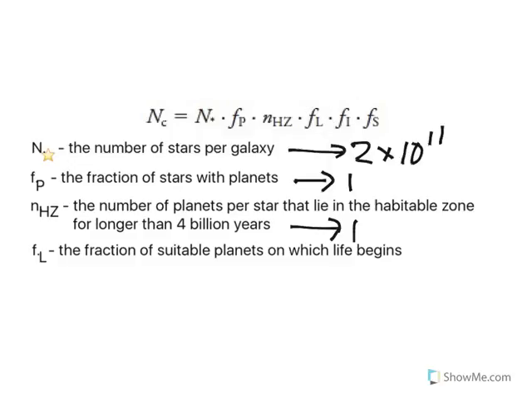Let's go look at F sub L, capital L. F sub capital L is the fraction of suitable planets on which life begins. So let's say you've got the Milky Way galaxy and you've got stars in it, and you're looking at the stars that have planets, and you're looking at the planets that are in the habitable zone. In other words, they've got liquid water on them. So of those planets that have liquid water, what's the fraction that would have life, meaning bacteria or amoeba life in the water?